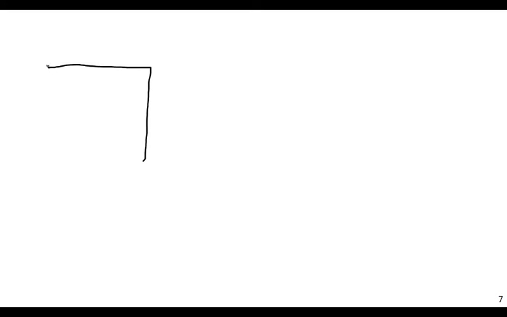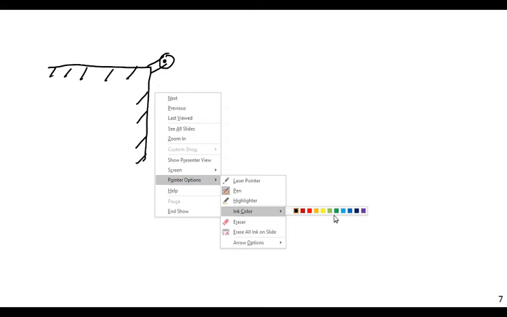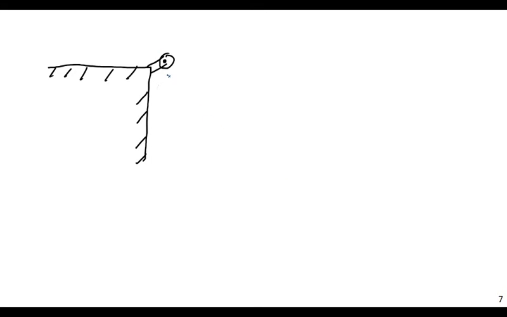Let us say that I have a flat surface and a ledge, and here there will be a simple pin and a pulley. Hanging down from the center of the pulley will be a cord.